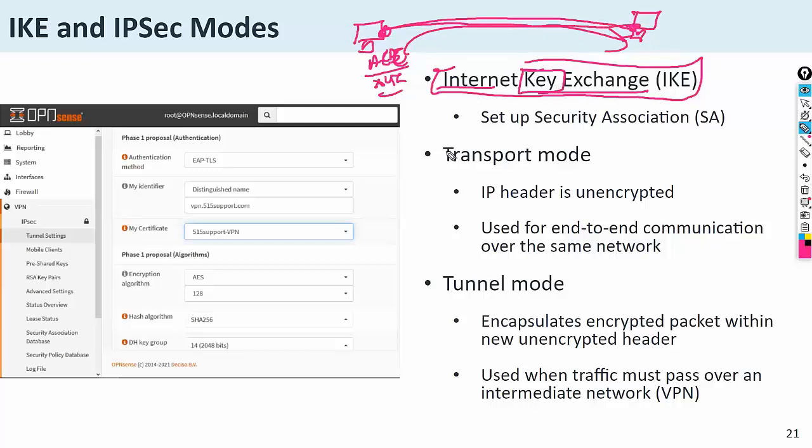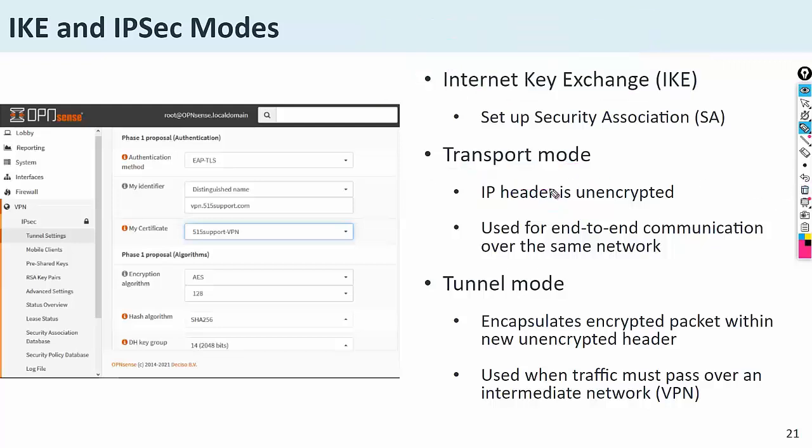Association means the connection has been established, and when the connection is established, then the transport will start. So there are two types of communication. One, only the IP header is encrypted. The other, the payload is encrypted, but the IP header is not encrypted.